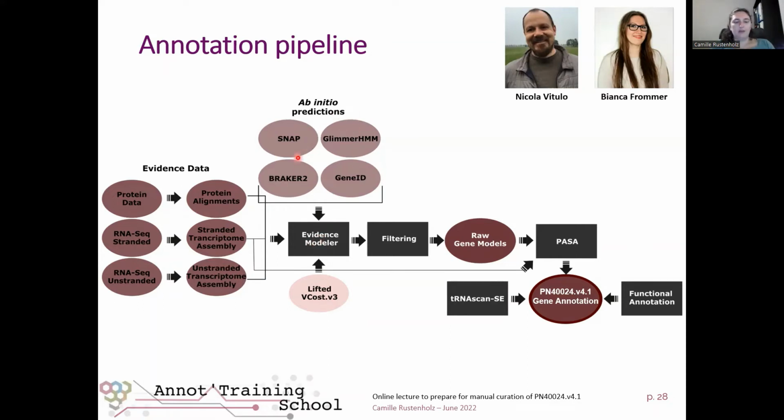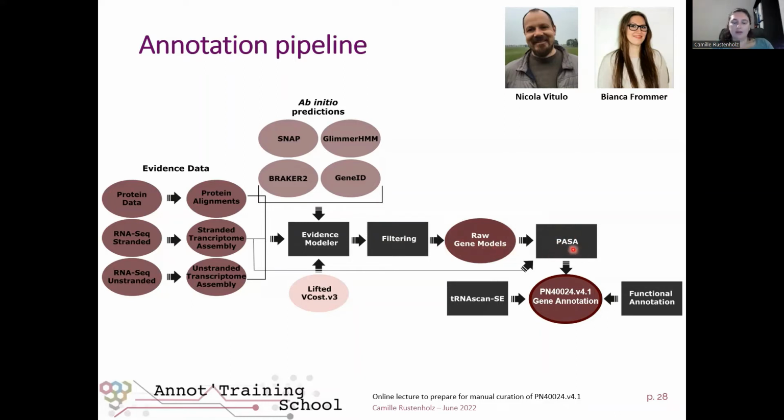They also used 4 different ab initio prediction software. Ab initio means that they are based mostly on gene structures, so the definitions I gave you earlier on. And they decided to use several and to feed the Evidence Modeler software. In this software, we have to give some weight to the different pieces of evidence, and it computes a prediction. Then there was a filtering step, and they ended up with raw gene models.